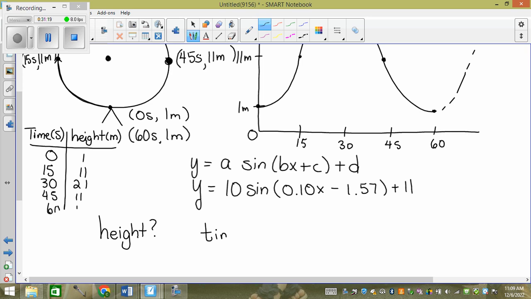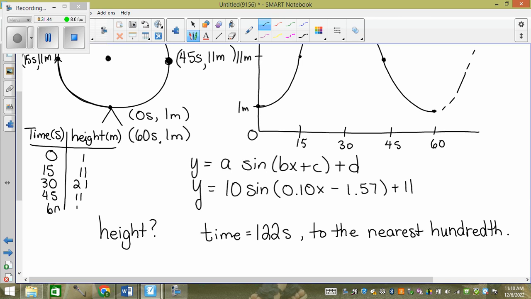At time equals 122 seconds to the nearest hundredth. I want the height when the time is 122.